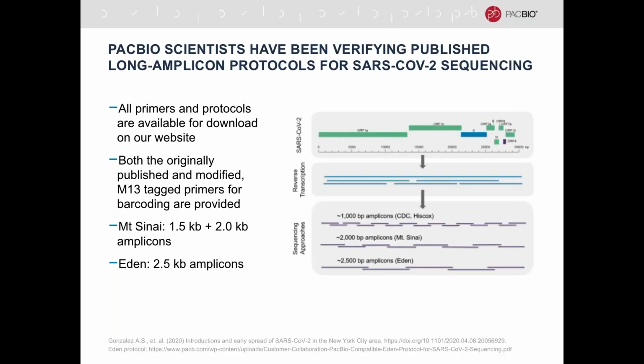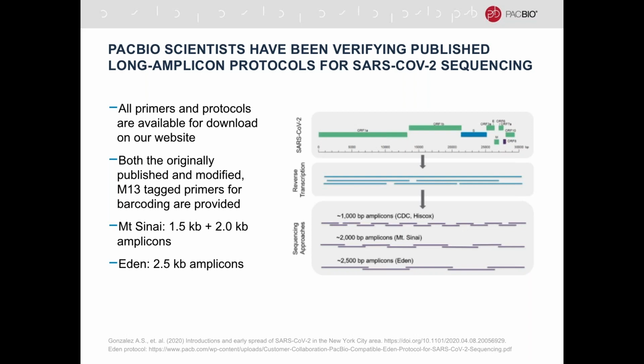So a number of protocols and primer sets have been published to help with sequencing the SARS-CoV-2 genome. And I wanted to point out that we have posted a wide range of these, including both the primers and the PCR protocols on our website at pacb.com/COVID-19.